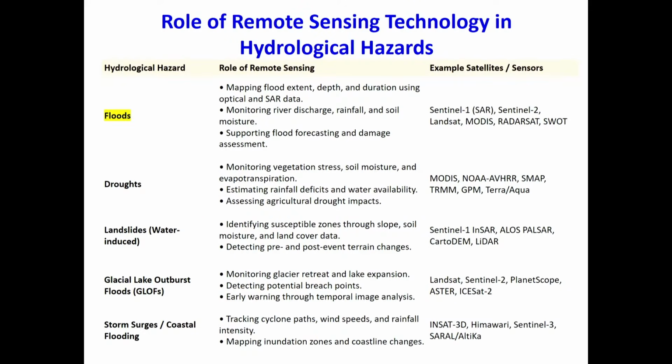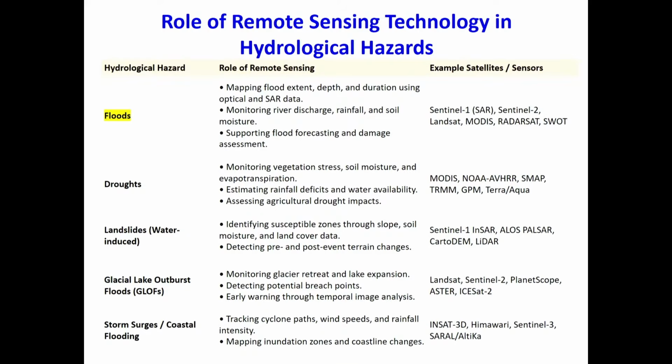In case of landslides, identifying susceptible zones through slope, soil moisture and land cover, detecting the pre and post event terrain changes. In case of GLOFs, monitoring glacier retreat and lake expansion, detecting potential breach points, early warning through temporal image analysis.